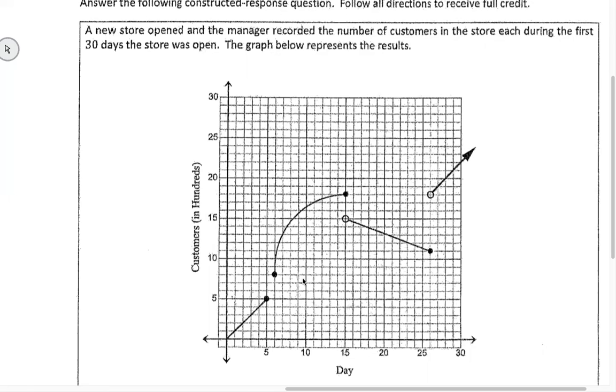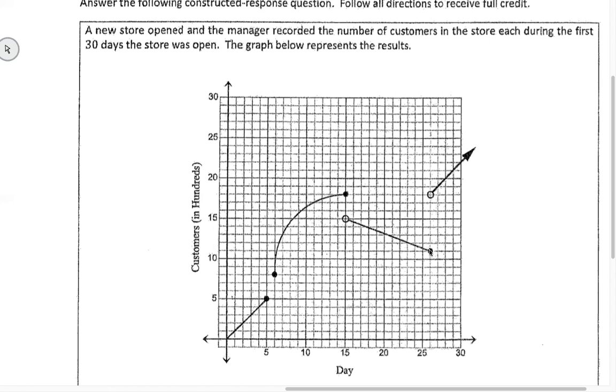Now what is the range? Well, let's think about this. In the first 5 days, we went from 0 customers to 500 customers. Then on day 6, it jumped up, maybe they were running a promotion, to 800 customers, all the way up to about 1,800 customers. Then the novelty of the store being new wore off, so it dropped back down.